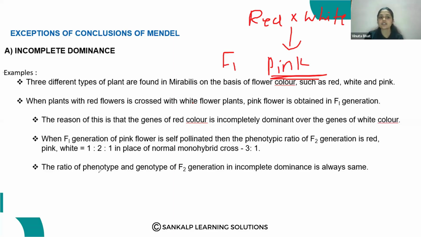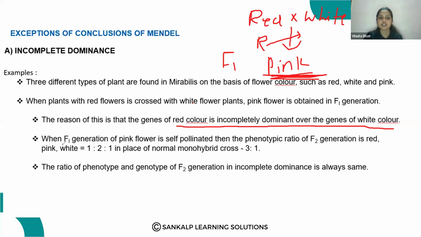The reason is that the gene for red color is incompletely dominant over the gene for white color. So the genes responsible for red color are not able to completely dominate over the genes of white color. So these plants produce the intermediate color, that is the pink color flowers, right?